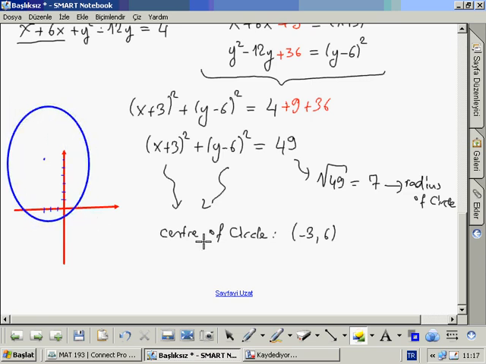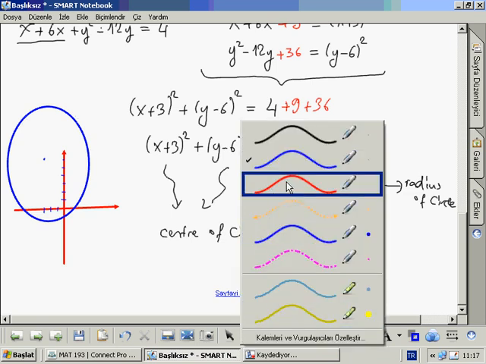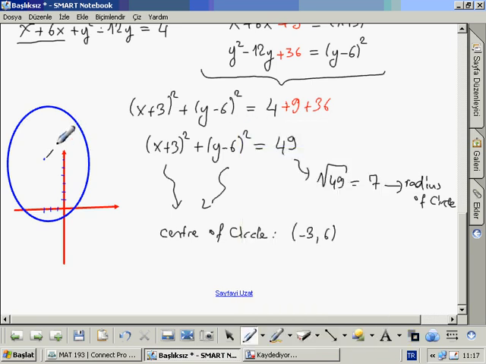Yes, maybe this one is right. The radius of the circle is 7, this point is (-3, 6), with the y-axis and the x-axis. This is our circle.